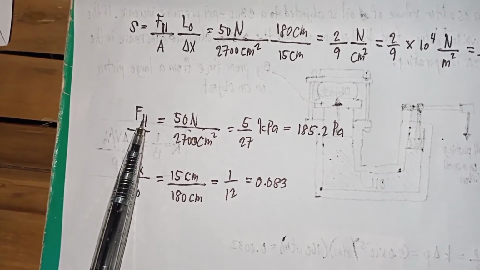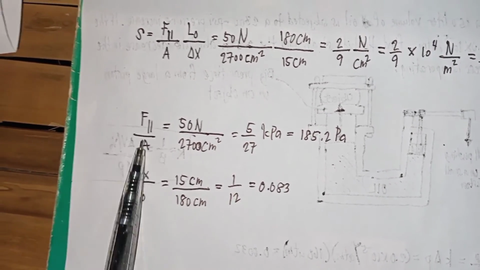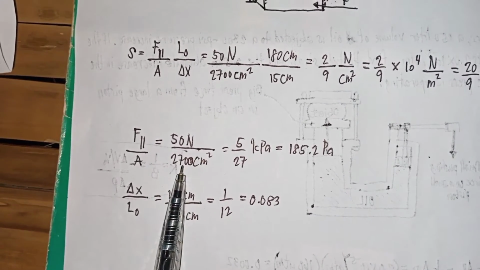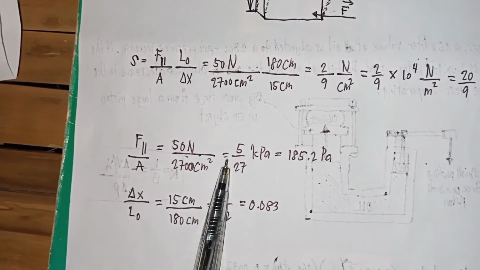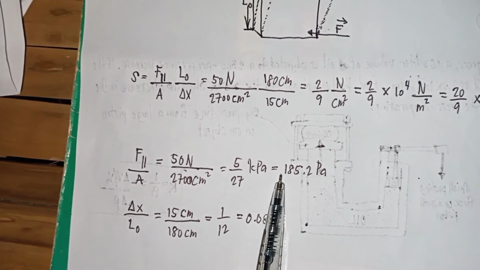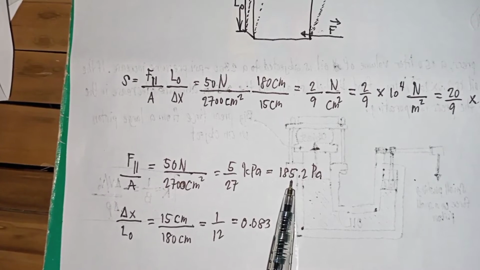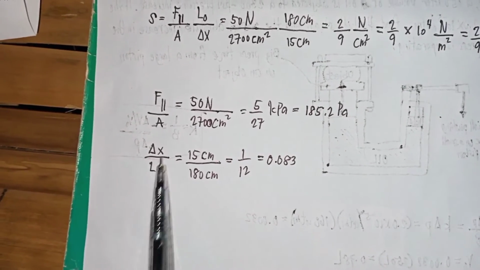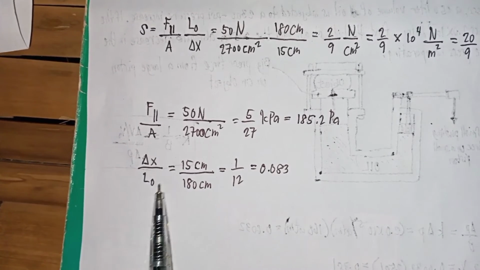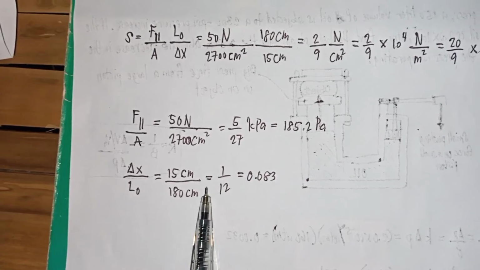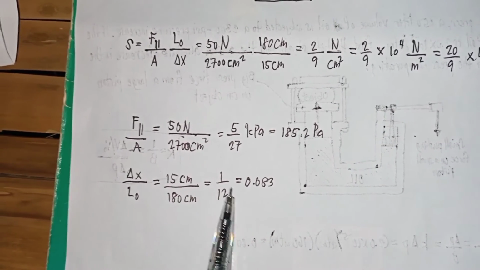Then the force parallel to the surface over area equals 50 newtons over 2,700 square centimeters equals 5 over 27 kilopascals equals 185.2 pascals. Then delta x over the initial length equals 15 centimeters over 180 centimeters equals 1 over 12 equals 0.083.